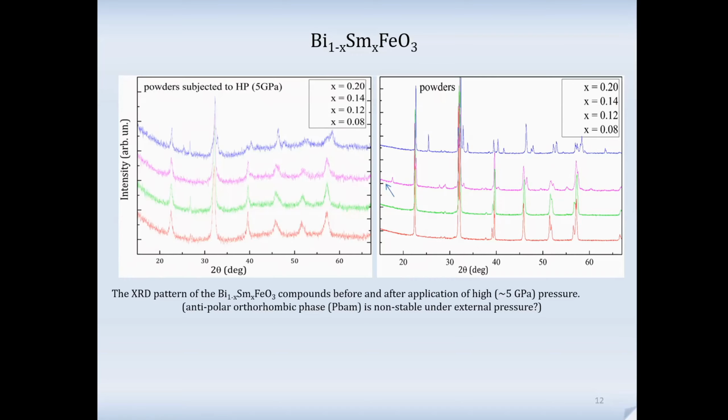And the question is, what is the stability of this phase? Under high pressure, we can consider that the crystal structure of this compound goes to some other symmetry. Using this diffraction pattern, we cannot clarify what the symmetry is, because the reflections are really broad, but we can say that the symmetry changed.